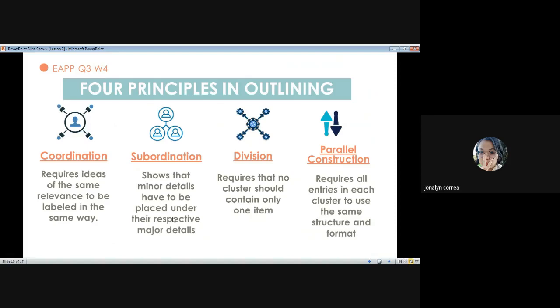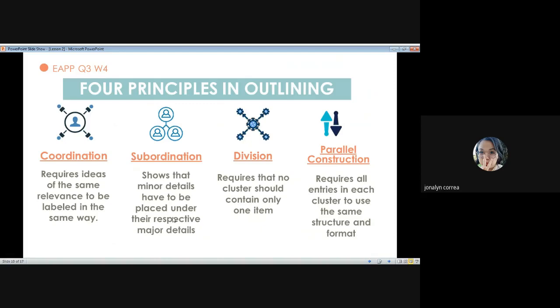So those are some examples on how you could construct parallelism. So if you use third person, since we are using third person, if you are to use future tense of words like will, shall, you will be using those words on your entire outline.